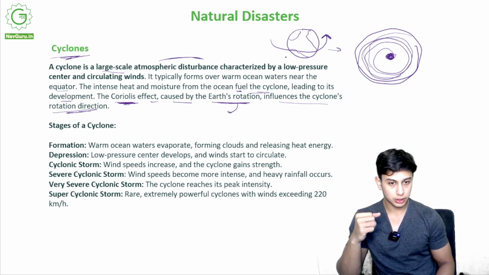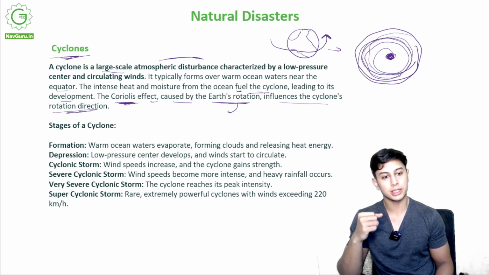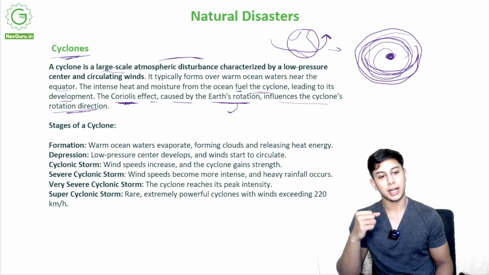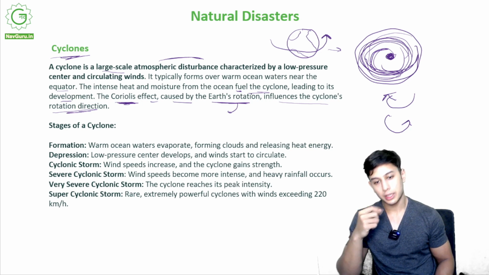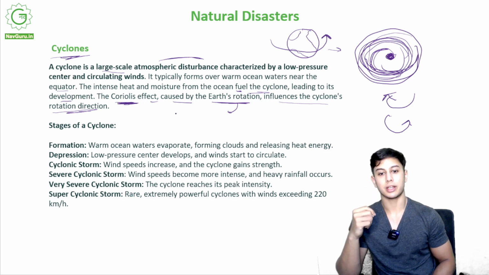It is due to this that we will know in which direction the winds are blowing, anti-clockwise or clockwise, right? That will be due to the Coriolis effect caused by the Earth's rotation.